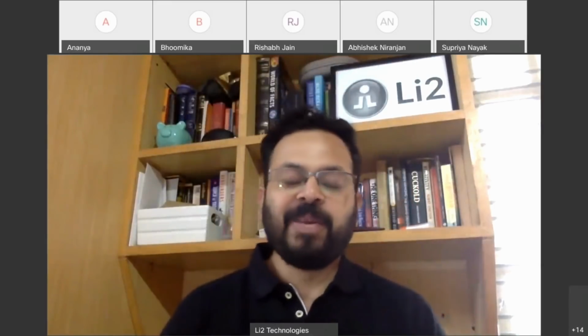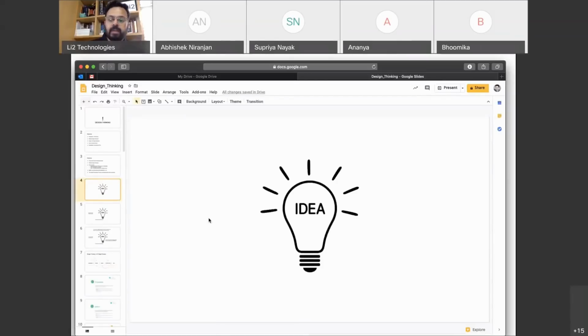Vertical windmill. Let's start with the last one because that's fresh right now. So vertical windmill, is it an idea, or is it a solution, or is it a problem? What is it? Where are we? Somebody spoke of vertical windmills.